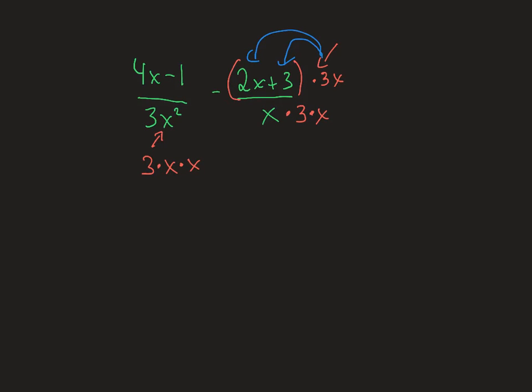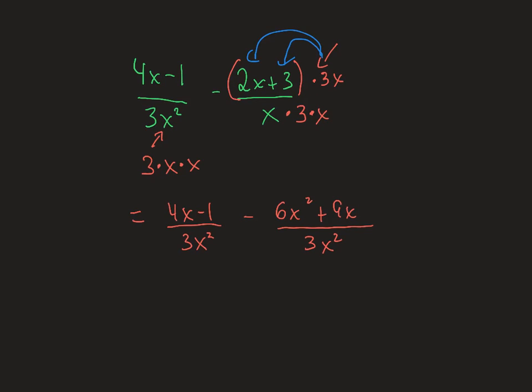Alright? So, next line. I don't need to do anything here. Okay, and now you're going to distribute, so you're going to have 6x squared plus 9x divided by 3x squared.